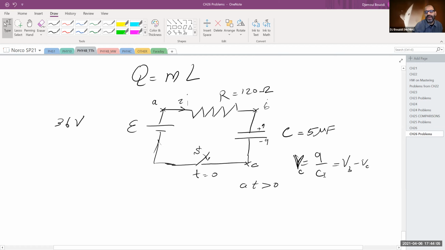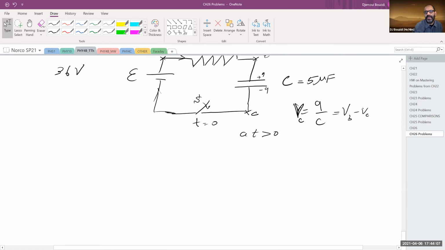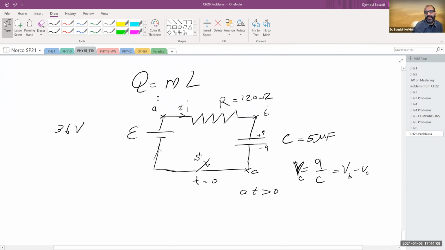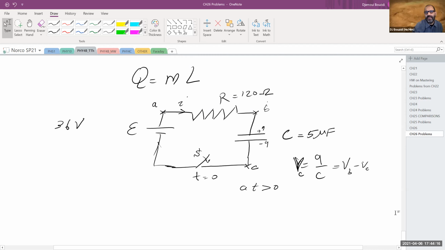And in here, there is a current I across the resistor. As a matter of fact, the current I times R is the voltage drop across this resistor. So V sub R, which is VA minus VB, is simply R times I. And the drop in potential between A and C is clearly equal to the EMF, because this is positive, this is negative.